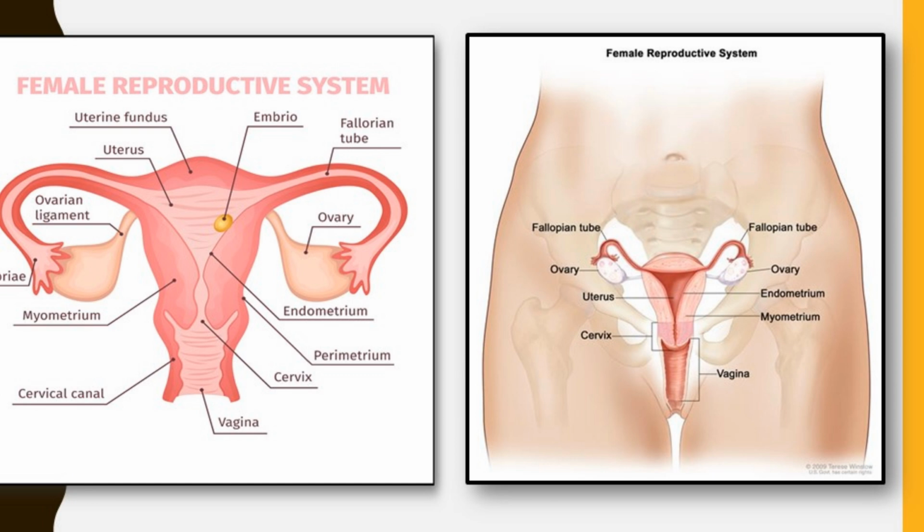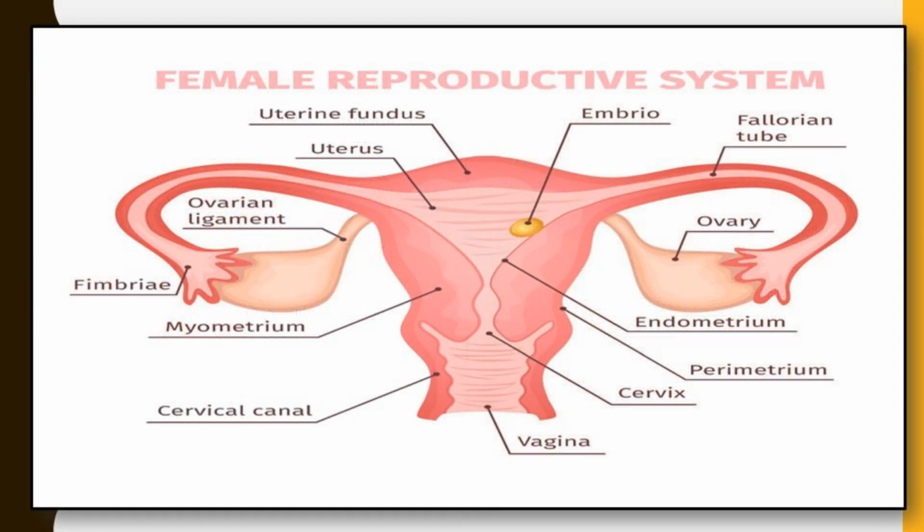Here you can see the correct location of the female reproductive system, that is in the pelvic region of our body. Before entering into the details of the parts of the female reproductive system, let's observe all the parts present in a female reproductive system. You can see a pair of ovaries which is connected to the fallopian tube.